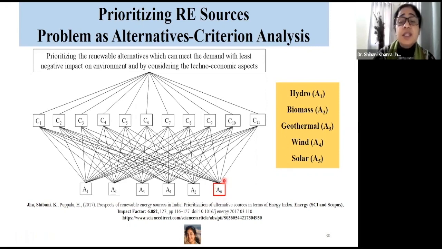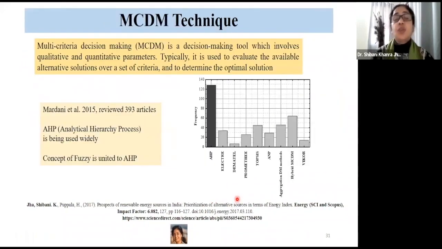So A6 is a hypothetical alternative which always shows the ideal situation, where it will always achieve a score of 1, let's say, so that we can compare the other alternatives with respect to A6.